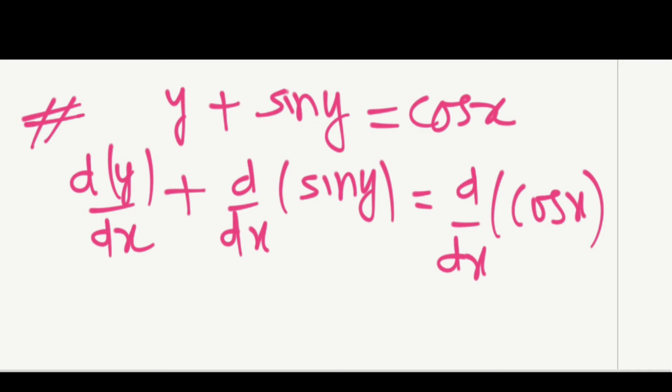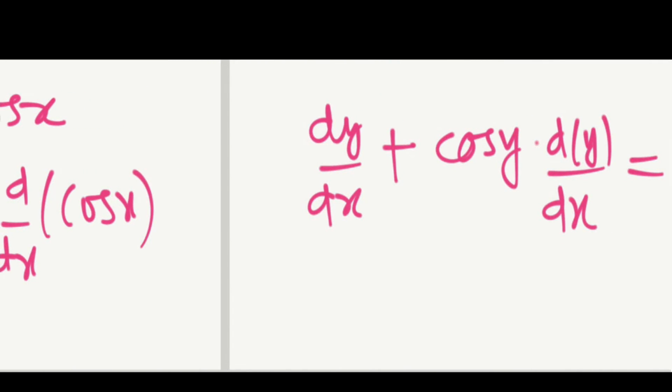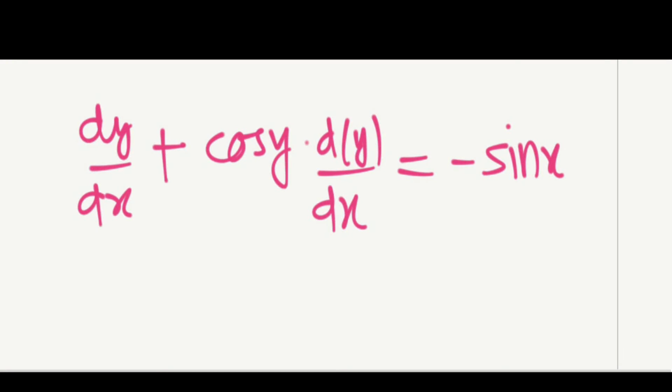See, you remember the derivative of sin x was cos x, but here this is not x, this is y. So the derivative of sin y becomes cos y into derivative of y with respect to x. Got the point? I repeat, the derivative of sin y is cos y into derivative of y with respect to x, equals derivative of cos x, which is minus sin x, as you remember by the formula.